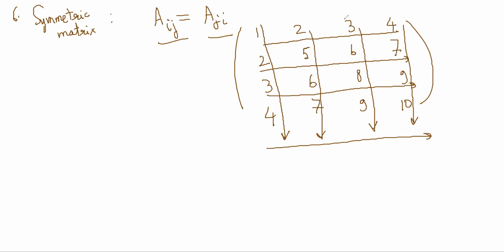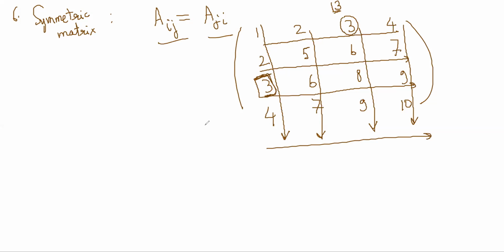So for every position, for example, this is first row third column, the 1 3 position is the same as third row first column, right? This is called a symmetric matrix. Okay, so I hope this is clear. What is a symmetric matrix?